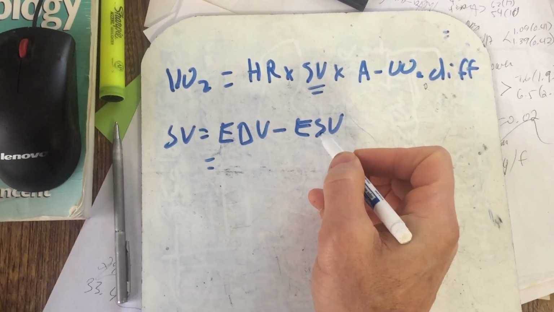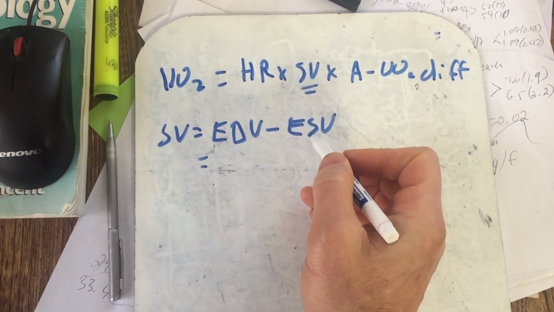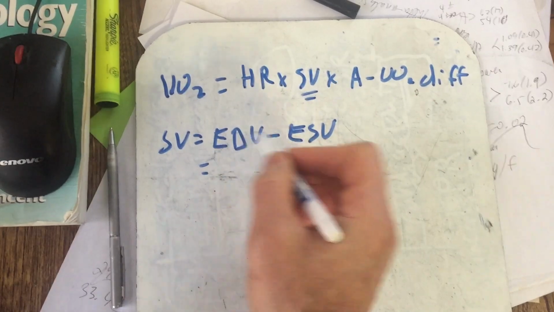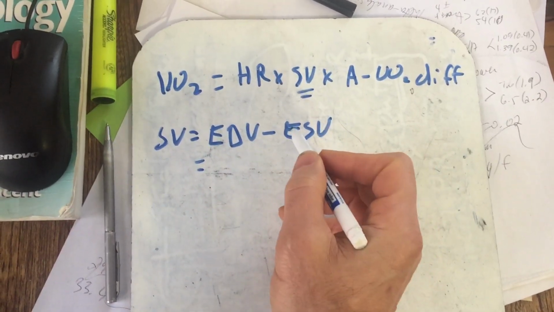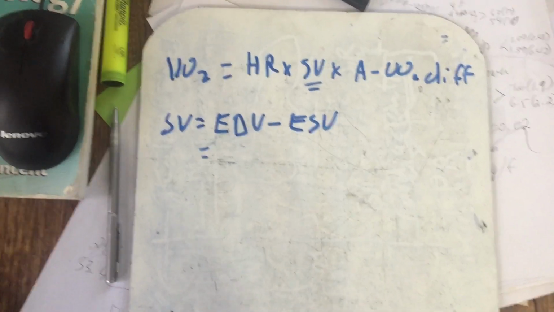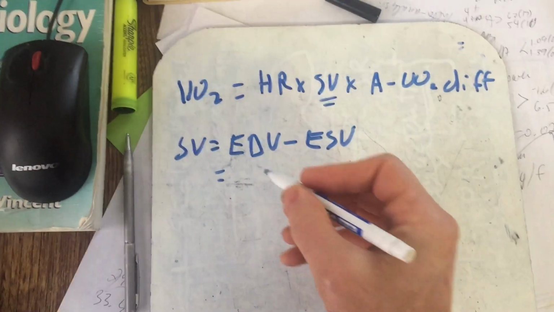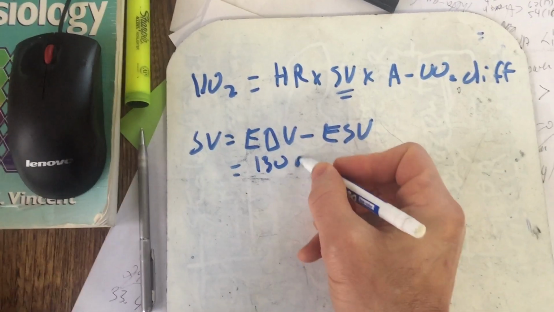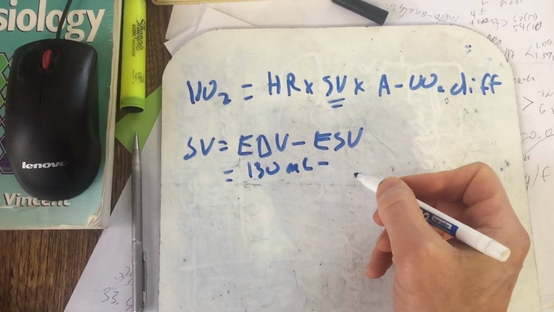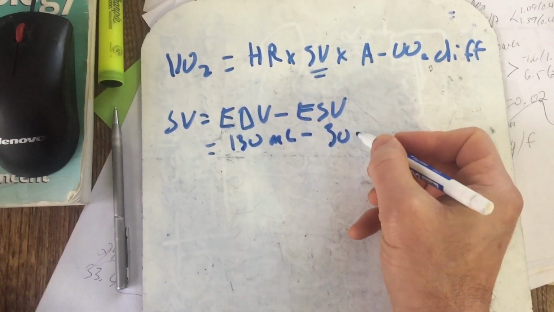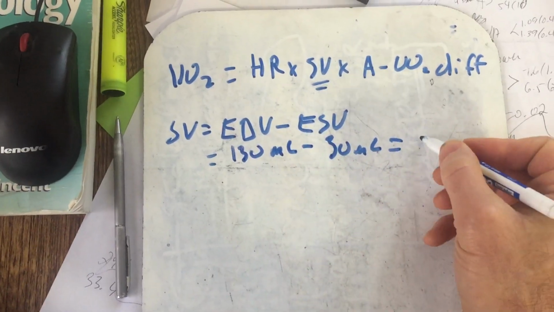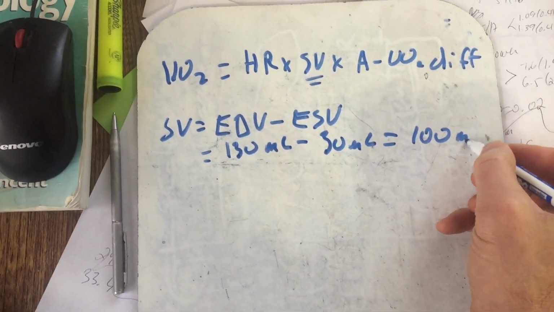And end systolic volume is the amount of blood in your heart after a heartbeat. So the difference between the two is the amount of blood that's pumped out. That is your stroke volume. So in this case, your stroke volume is going to be 130 milliliters minus 30 milliliters. So your stroke volume here is going to be 100 milliliters.